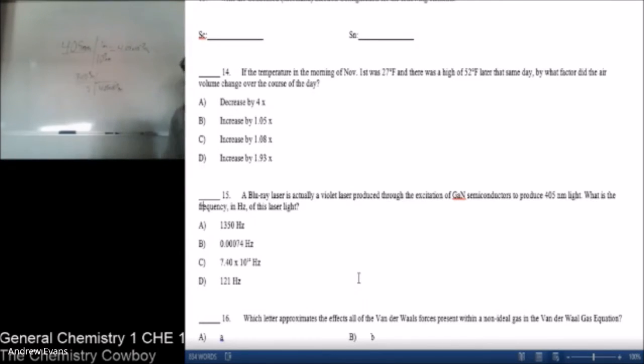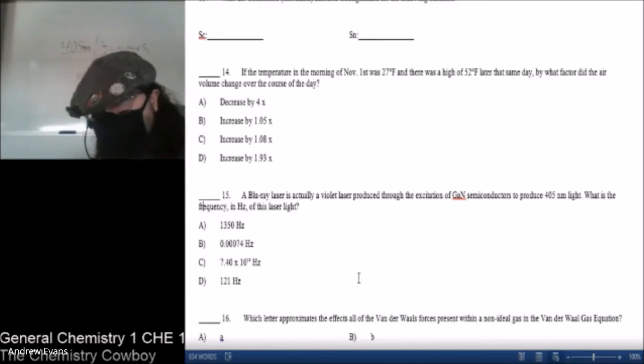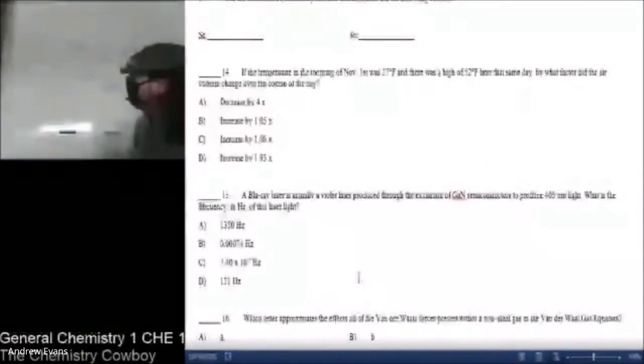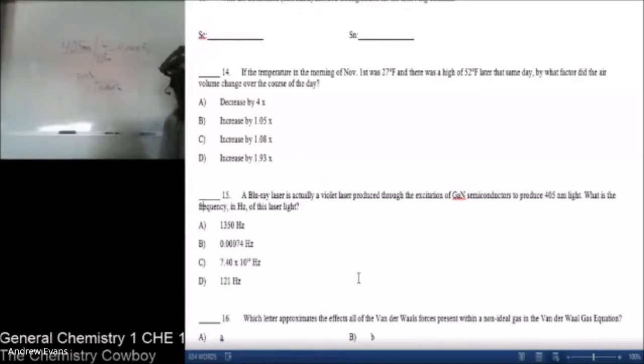Without even doing the math, I can tell you the answer is C. 7.4 times 10 to the 14th hertz. Real quick conversion: 1 inverse second equals 1 hertz. It's a 1-to-1 conversion, and it's given.